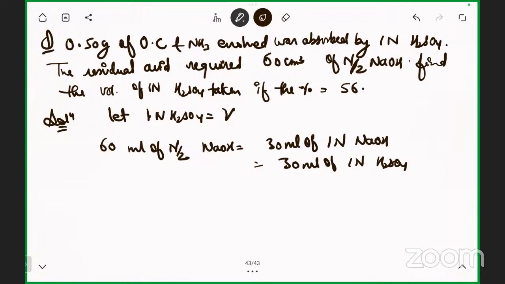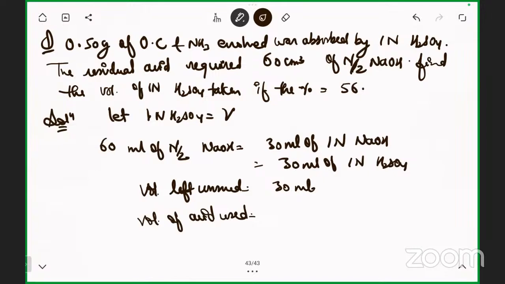So the volume left unused will be 30 ml. And the volume of acid which is used we don't know, because we don't know this V. Just imagine this is the total volume. If 30 is unused, we can write V minus 30.